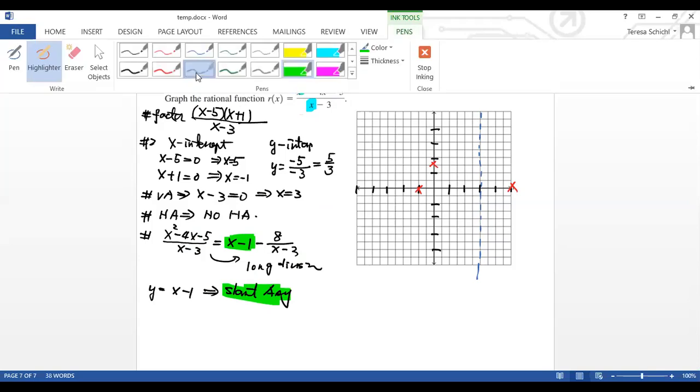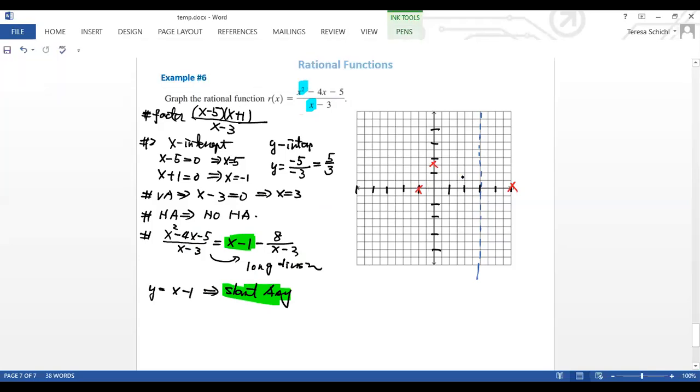When x equals 1, what is y equal to? y equals 0, right? So this asymptote is going to pass here. When x equals 2, y equals 1. When x equals 5, what is y going to be? 4, right? When x equals 0, y equals negative 1.